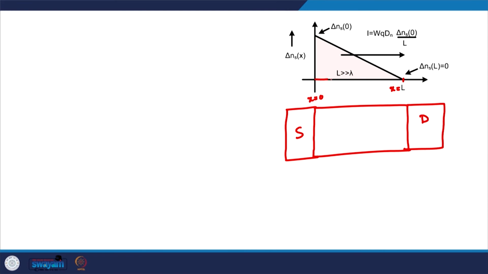In between, from x equal to 0 to x equal to L, we have the channel, which is a long channel maybe, and this L is very much greater than lambda, where lambda is the mean free path.